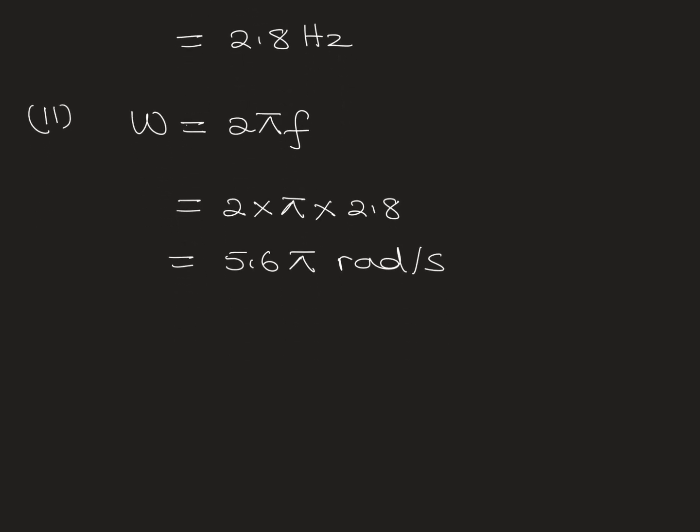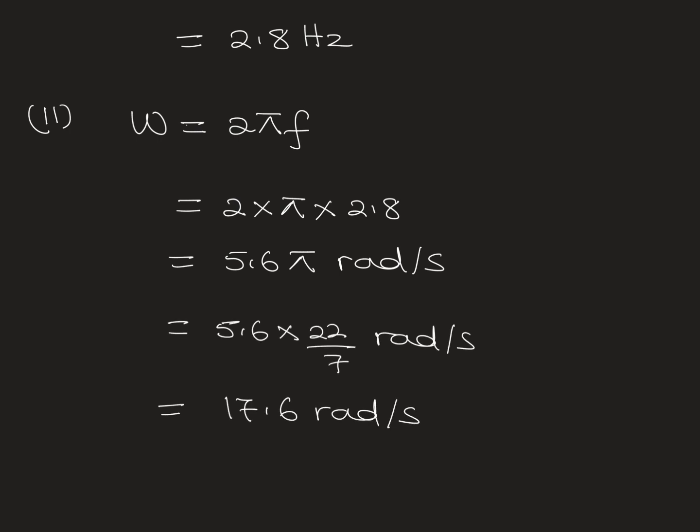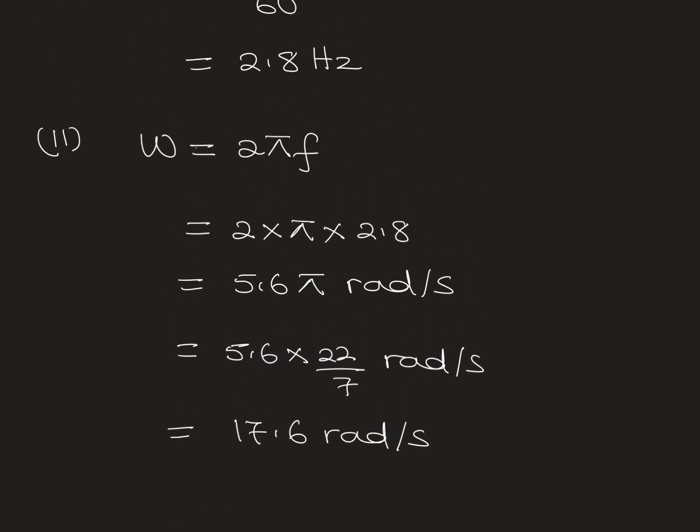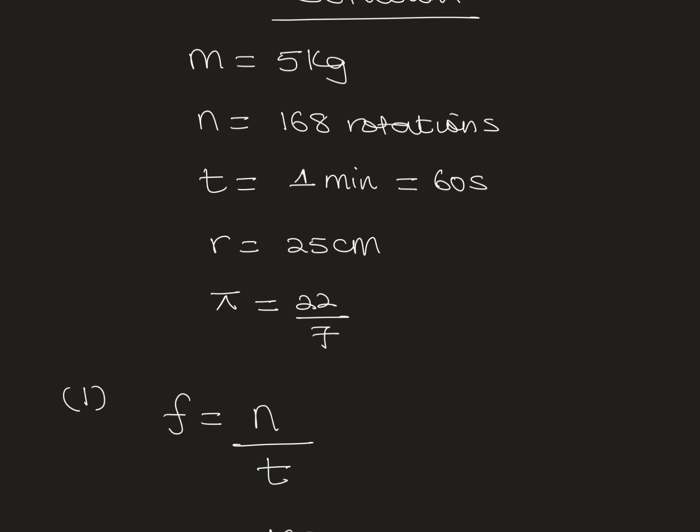But since the value of pi is given in the question, we can further simplify to say 5.6 times 22/7 radians per second. So 5.6 times 22/7, we will have 17.6 radians per second. Okay, so that is the angular velocity.